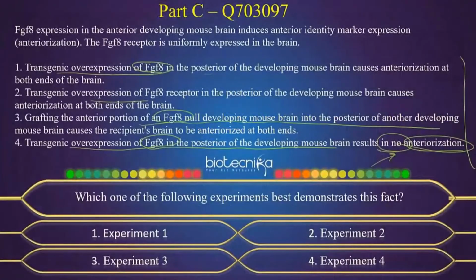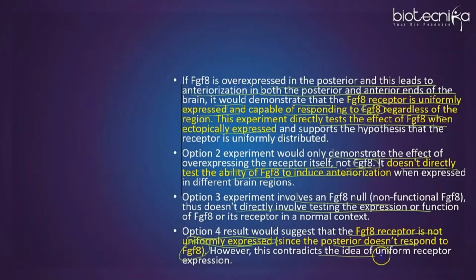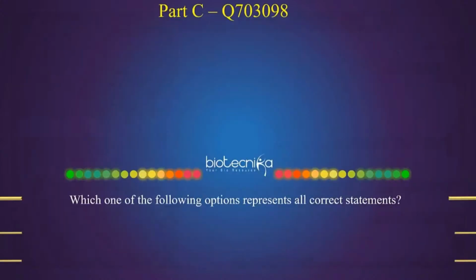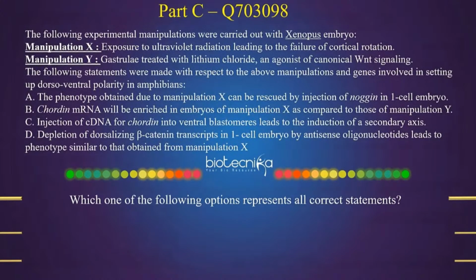But the idea of this experiment should be to show that it is uniformly expressed. Then in that case, option 4 also should have given anteriorization. However, this contradicts the idea of uniform receptor expression. So this was completely a logical question. There is no theoretical relevance as such. You have to solve it logically only.